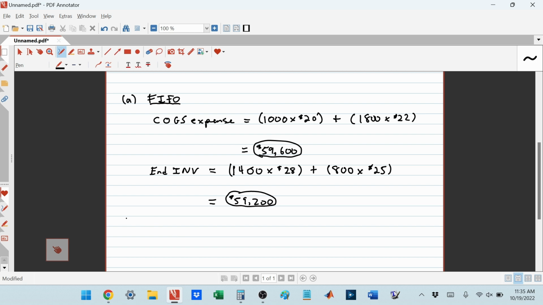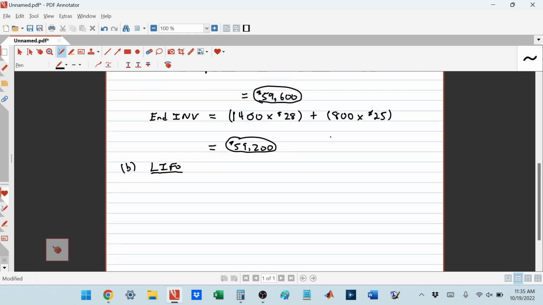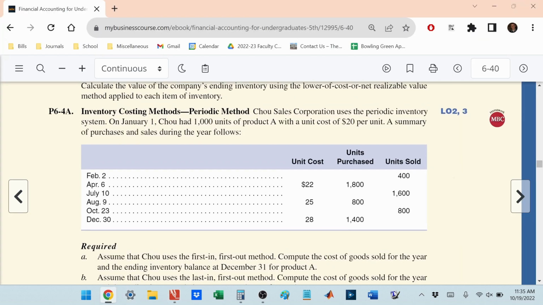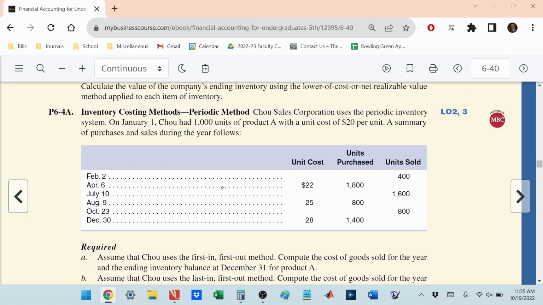Now let's do the LIFO method. First, we'll estimate COGS. We sold 2,800 units, but now we're assuming last in, first out. So the last ones to come in, the ones at the end of the year, were the first ones to go out.